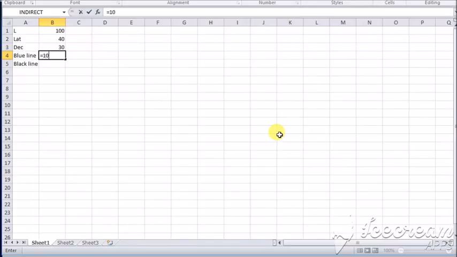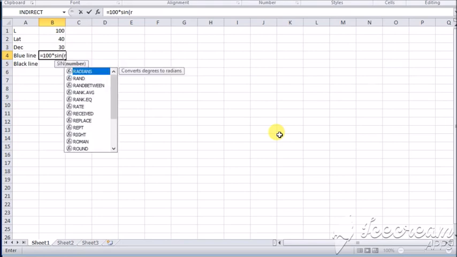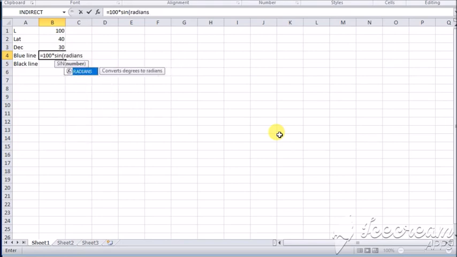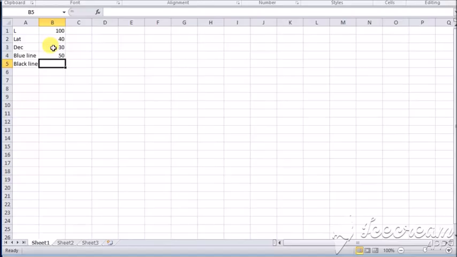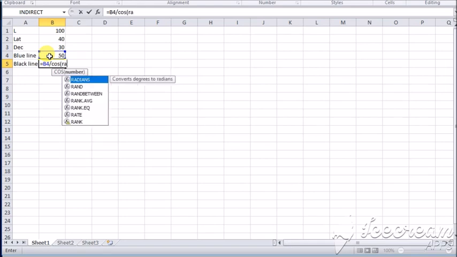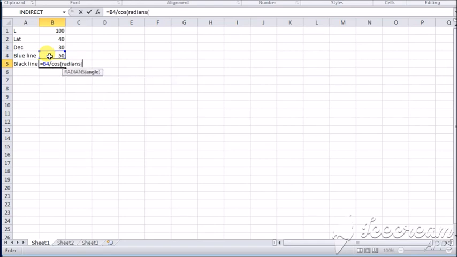I have to put radians because the Excel sheet doesn't understand degrees. That is it. And then the black line equals the blue line divide cosine the latitude. So this equals the blue line divide cosine radians the latitude.